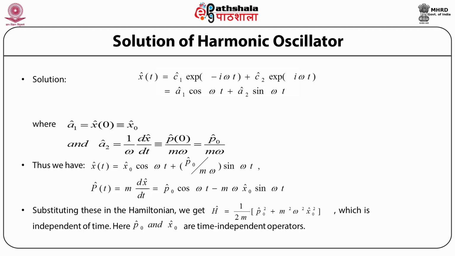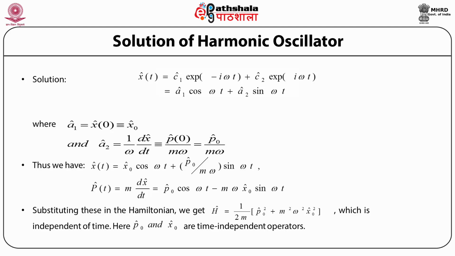Thus, we have operator x as a function of time is equal to operator x naught cos omega t plus operator p naught upon m omega times sine omega t, where we have used the results for operator a_1 and operator a_2 and substituted these in the equation for the solution of the position operator as a function of time.